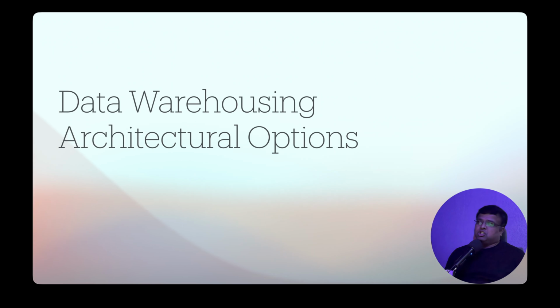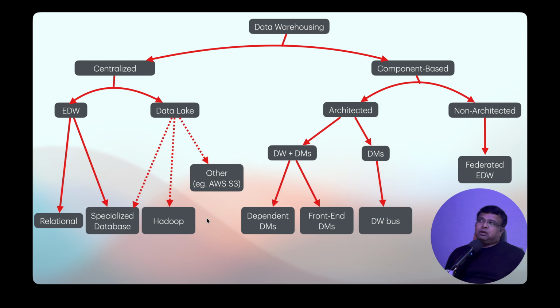It's no longer just one big warehouse versus no warehouse. There are multiple ways to structure the environment depending on the organization's needs, technology, and even internal politics. The diagram that I'm showing you here shows all the major approaches at once. But rather than trying to observe everything together, let us break it down step by step.